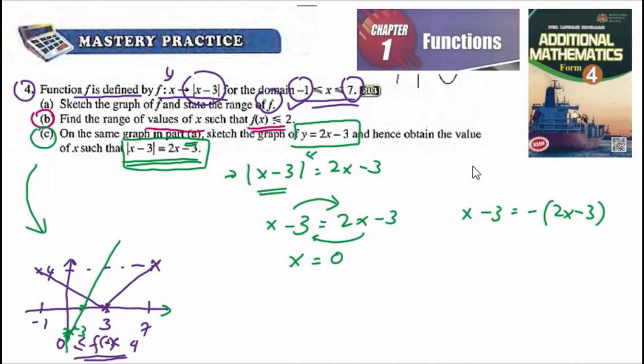In the second case, x − 3 is equal to negative 2x, because negative times 2x is negative 2x, and negative times negative 3 gives positive 3.